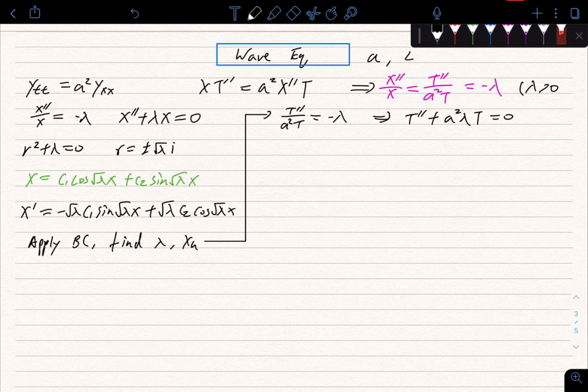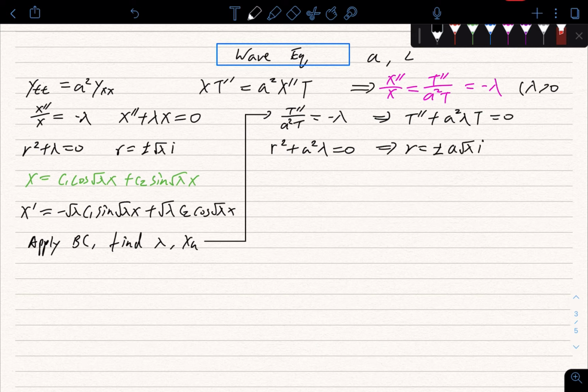Characteristic equation: r squared plus a squared lambda equals 0, and that will give us r equals positive or negative a square root of lambda times i.